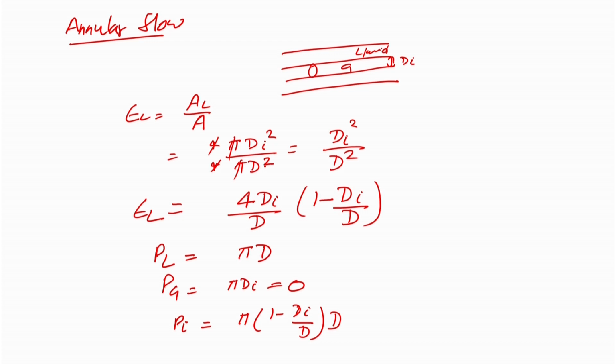Many people say Pg is 0 because, suppose this is the annular flow, this is the liquid, this is the pipeline, this is the gas. This is the perimeter of the gas and similarly the perimeter of the interface. Because we are taking the interface as the same thing, we make the Pg value 0, since we say there is no perimeter occupied by the gas.